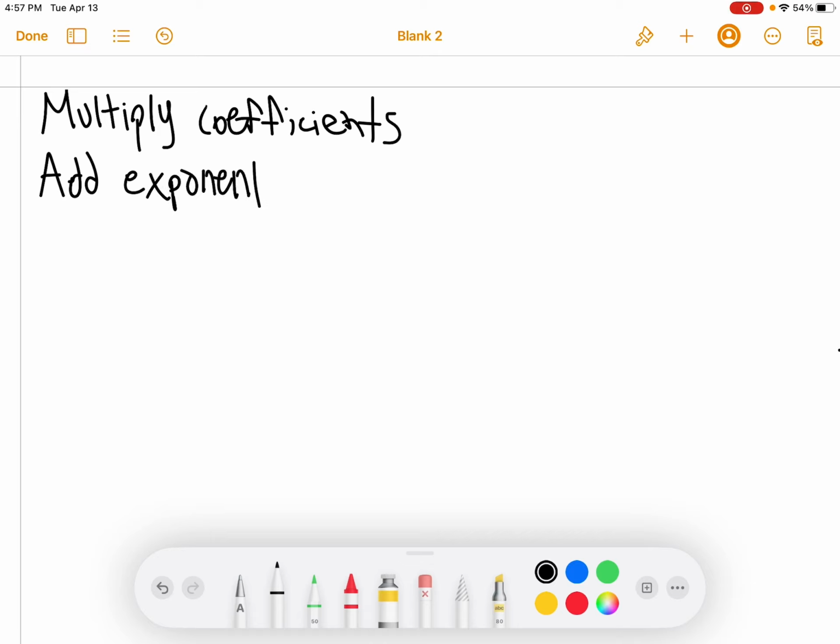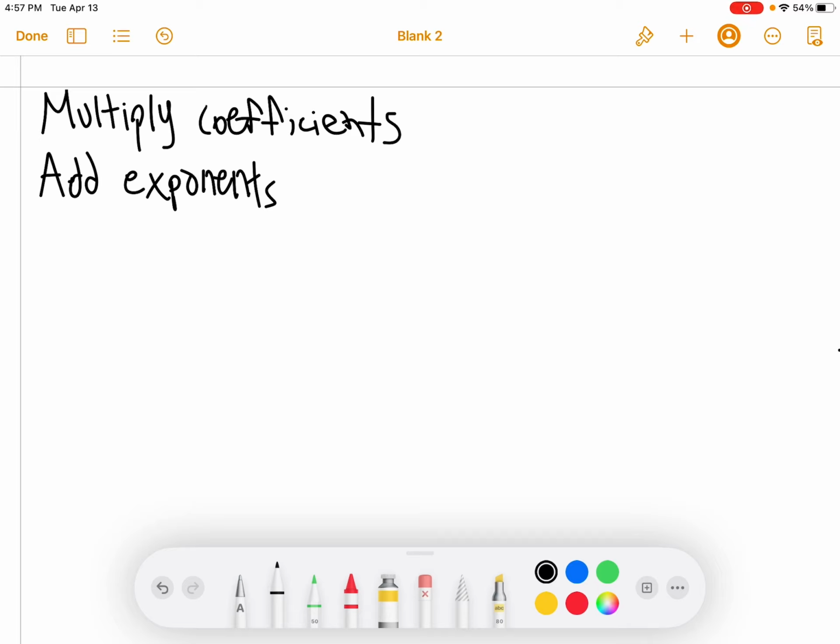That's what you do. When we go to dividing, it's the opposite: you subtract exponents and you divide coefficients. But that's not what we're doing in this one. Multiplying is a little bit harder than adding and subtracting, but it's really not that hard.